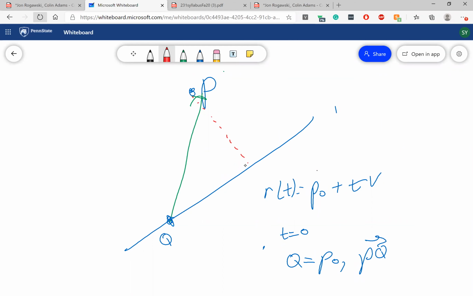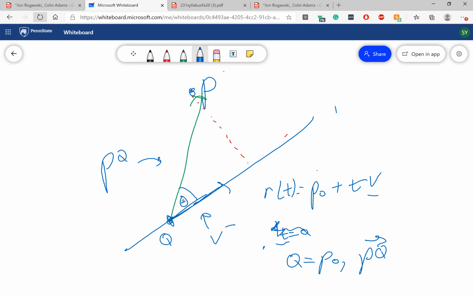So now you do this. And now the way to finish this problem, well, there are a few different things that you can do, but one of them is that this V over here is a vector. So you can use these two vectors over here. This is the vector PQ and the vector V. You can use them to find the angle, this angle over here, with the dot product.